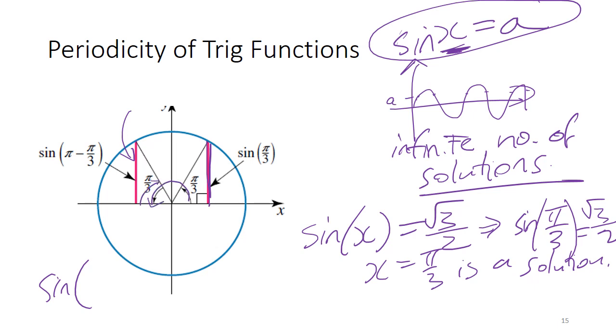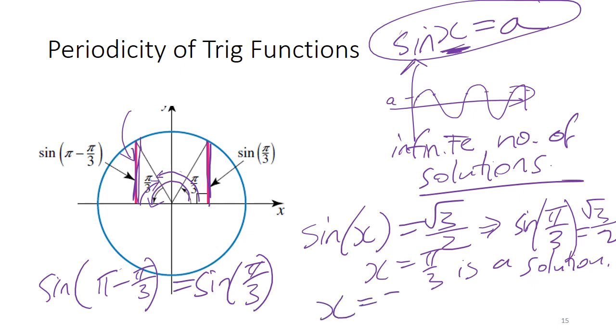Because I know taking the sine of this angle will give me this length, the same as this one. So I've got another solution here: x equals pi take away pi over 3 is another solution.